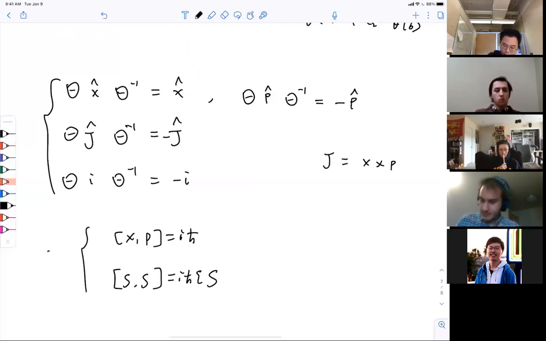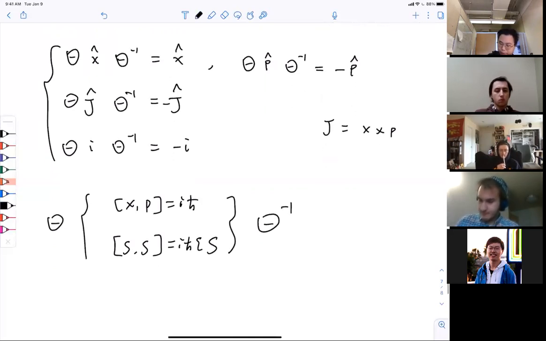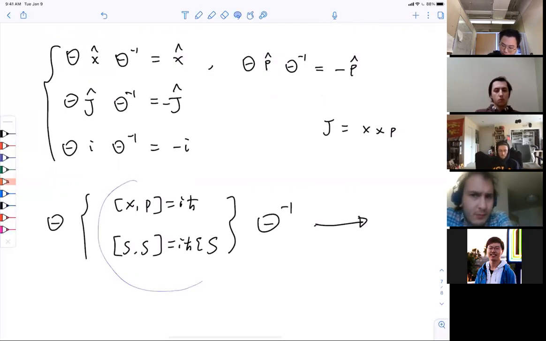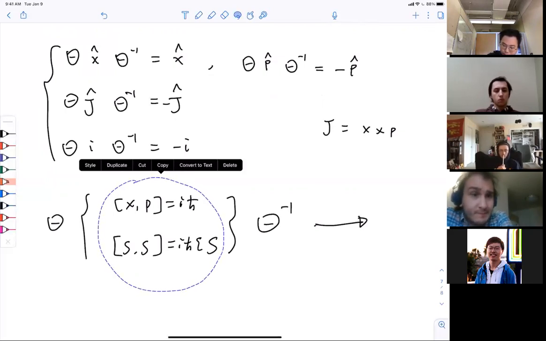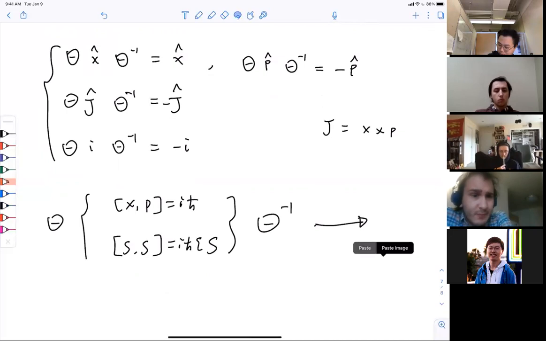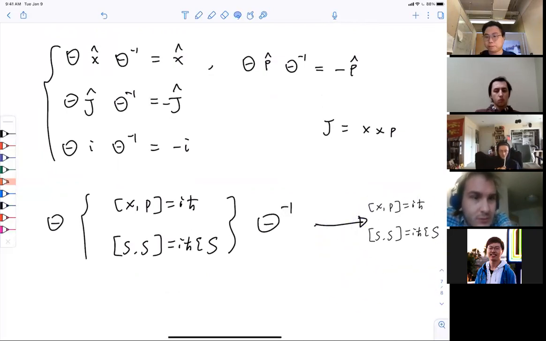You can apply your operators onto both sides of these two equations, and you get the same equation.